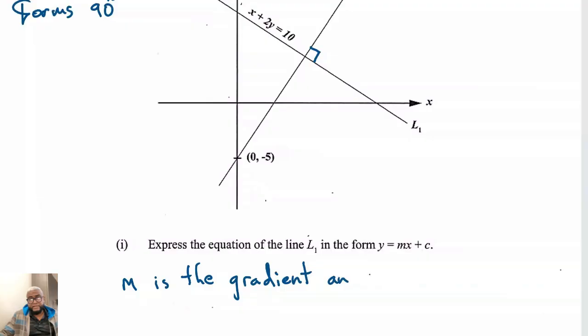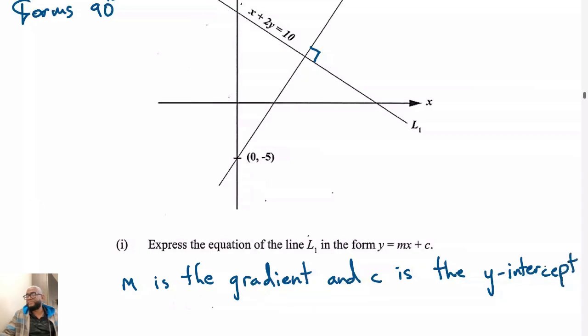And what's c? Who remembers? What's c? Y-intercept. Very good, Kyle. It's the y-intercept.